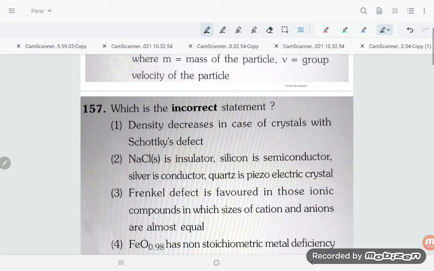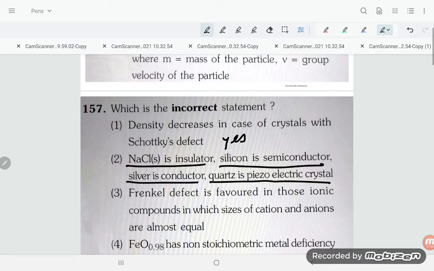Which is the incorrect statement, student? Question 157, they are asking which is the incorrect statement. Okay, so how can you solve it? The density decreases in case of crystals with Schottky defect. Yes, this is correct, student. Schottky defect, density decreases. NaCl is an insulator in the solid state, silicon is a semiconductor, silver is a conductor, quartz is a piezoelectric crystal.